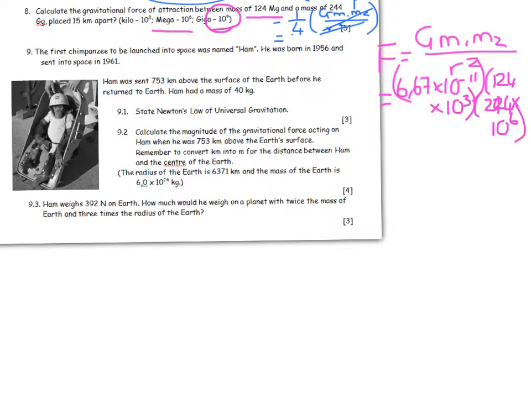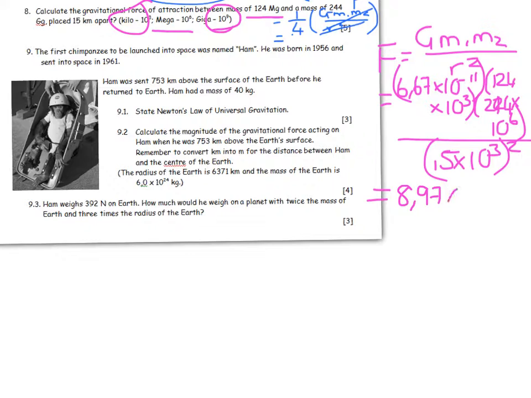Why? Because I only want to get to kilograms. I don't want to get all the way down to grams, and I divide all of that by my 15 kilometers, which does need to get down to meters, and kilos times 10 to the 3. So it's times 10 to the 3, and then I mustn't forget to square the entire thing. And I land up with 8,97 times 10 to the negative 6 newtons.